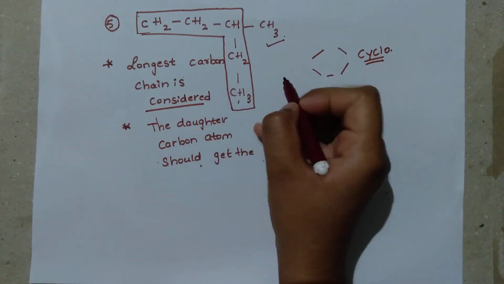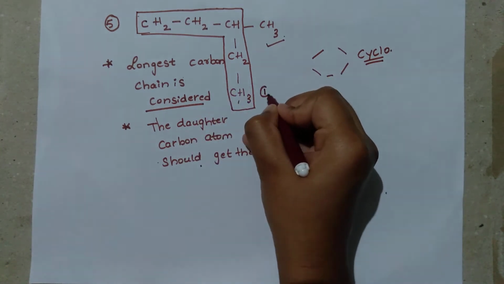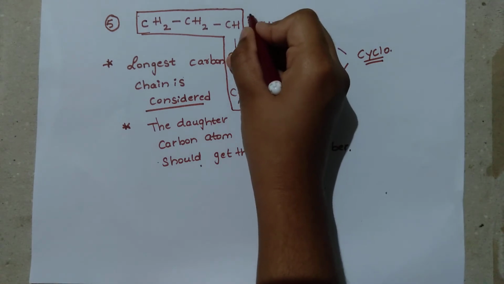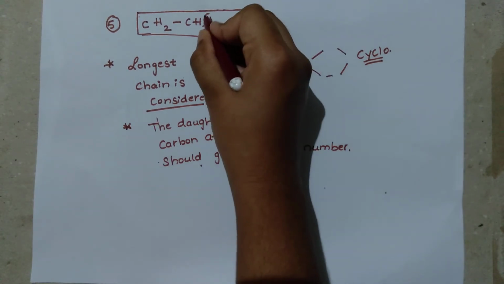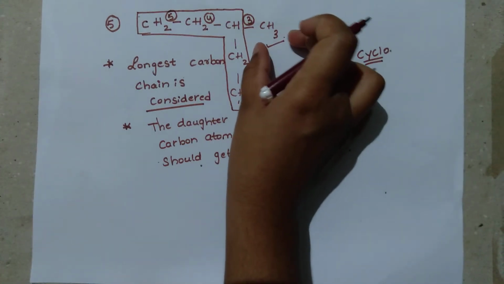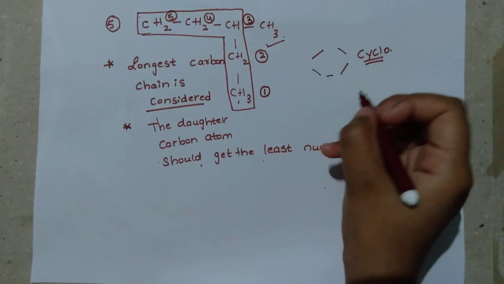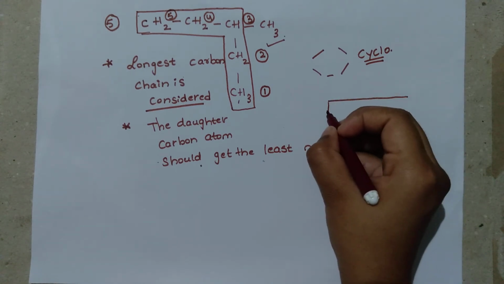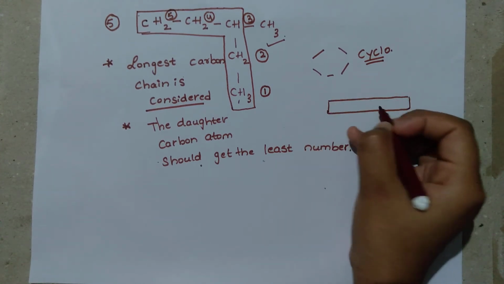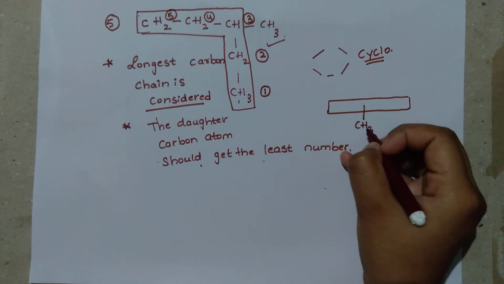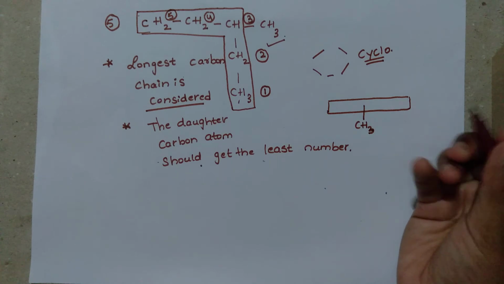Let us check. If we take numbering from here, 1, 2, 3, 4 and 5. We need not take a number for here because in the previous example we saw an example in this way. This is a carbon chain and here a substituent is present.